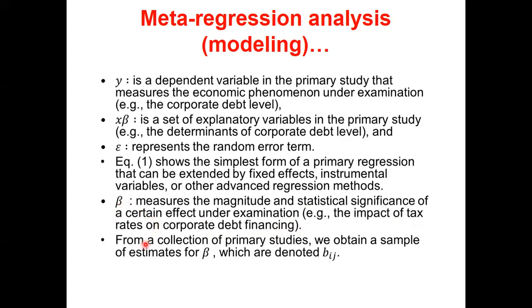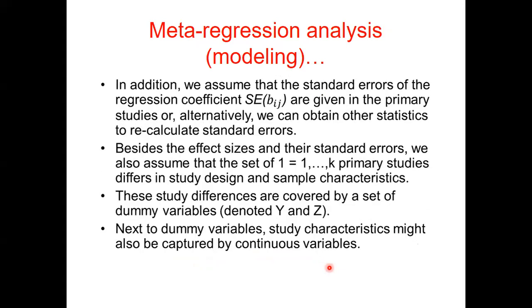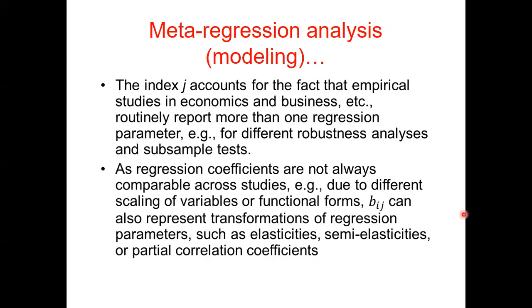So this is very important: from a collection of primary studies, we obtain a sample of estimates for beta, which are denoted as β_ij. Now that's very important. We'll be collecting the β_ij, which are regression coefficients.